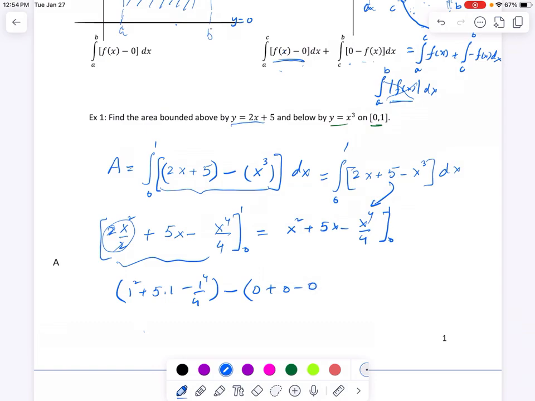So this is 1 plus 5 minus 1 over 4 and then minus 0, which will be 6 minus 1 over 4, or 23 over 4. That is your area between the two curves.